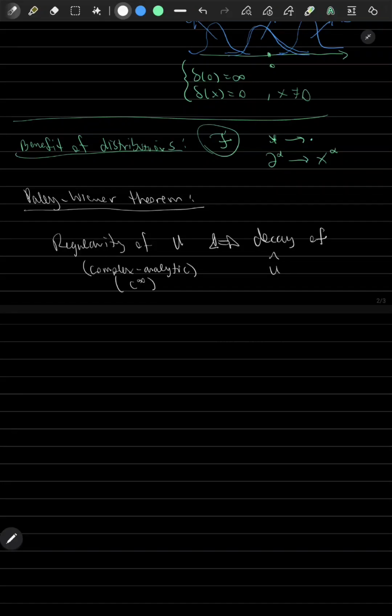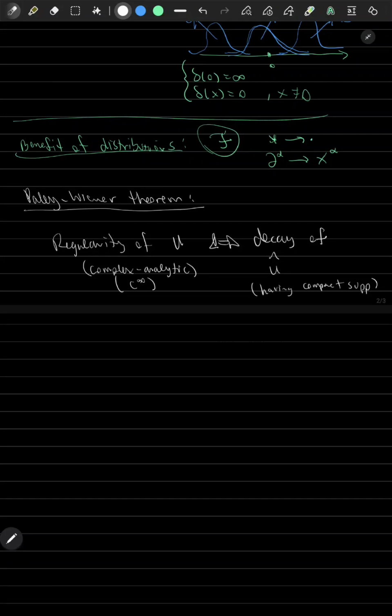And the decay of the coefficients is simply fast decay. It's essentially the same definition as fast decay of the coefficients of the Fourier series. In fact, it can also mean having compact support in the case of distributions, because that's essentially the fastest a distribution can decay, is having compact support.